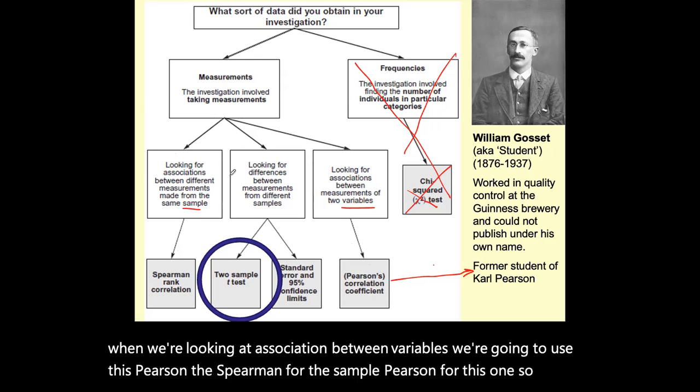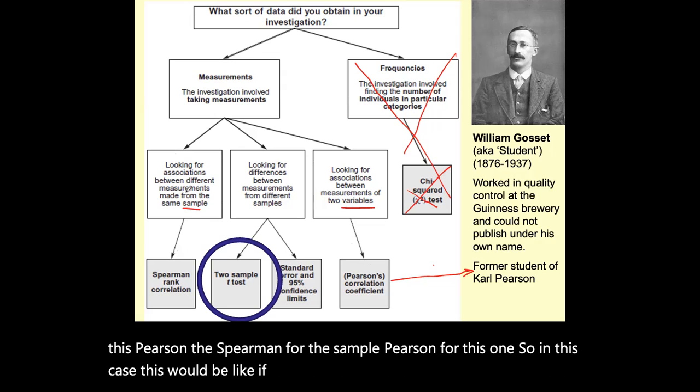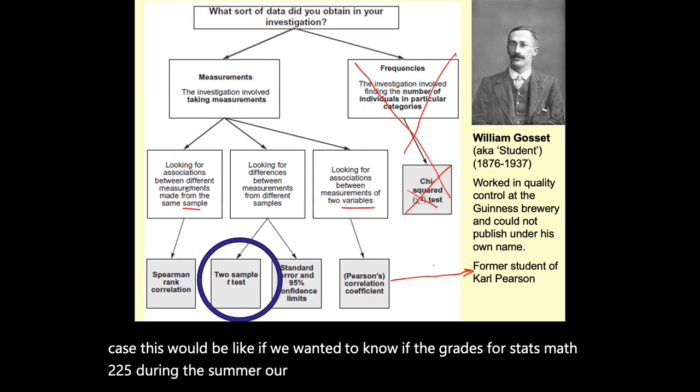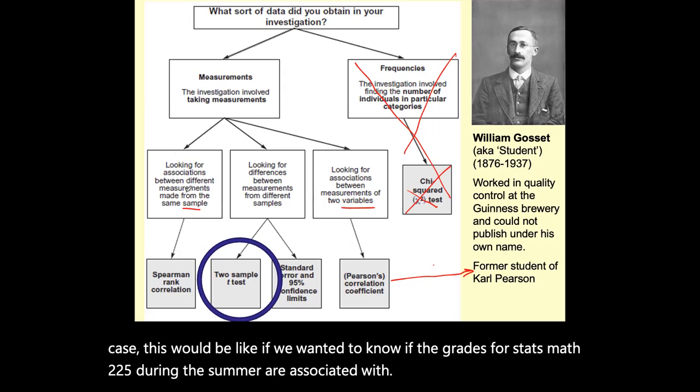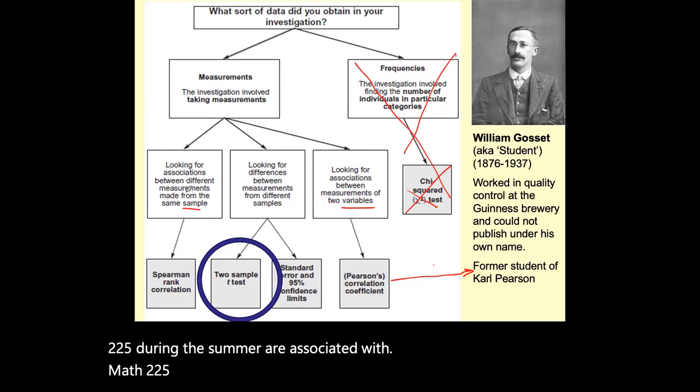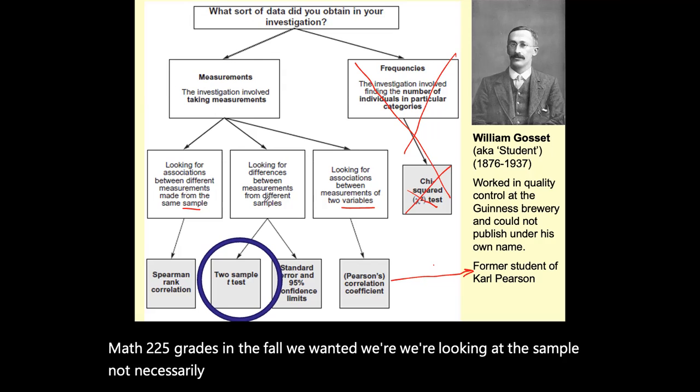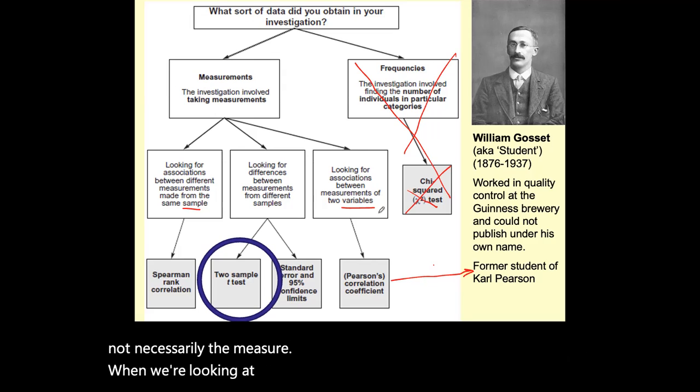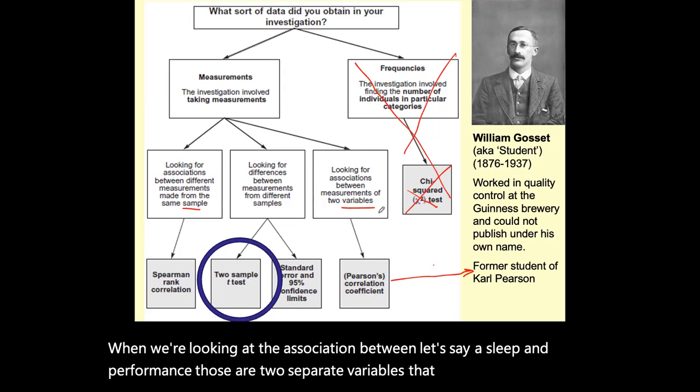So in this case, this would be like if we wanted to know if the grades for stats math 225 during the summer are associated with math 225 grades in the fall. We're looking at the sample, not necessarily the measure. When we're looking at the association between, let's say, sleep and performance, those are two separate variables that we think are associated together.